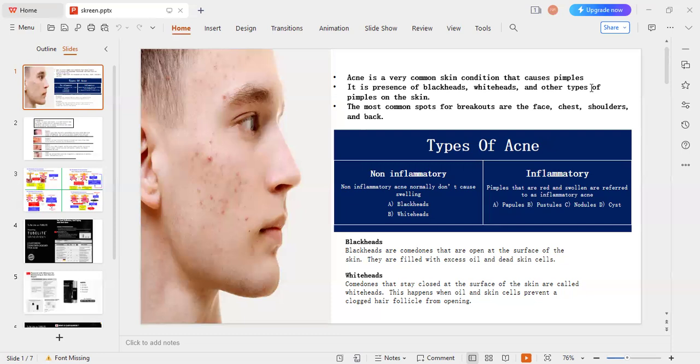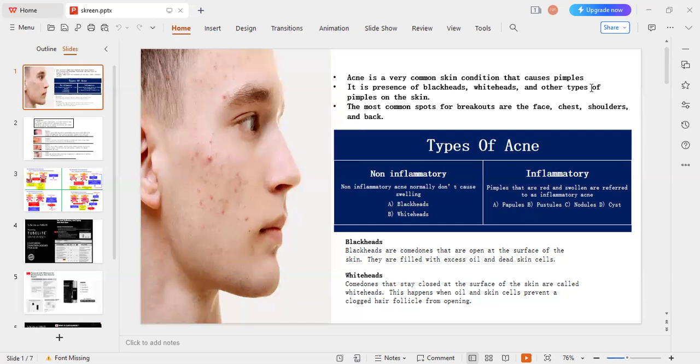Then we have another type called inflammatory acne, those pimples that are very red and swollen in color. The different types of inflammatory acne include papules, pustules, nodules, and cysts.